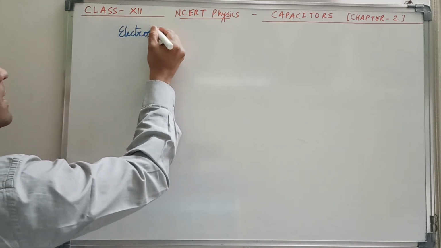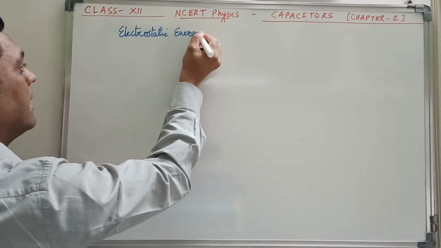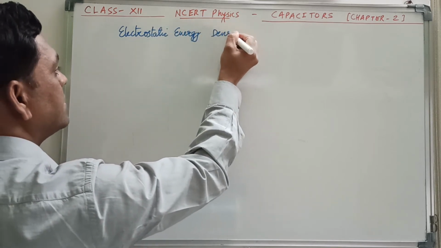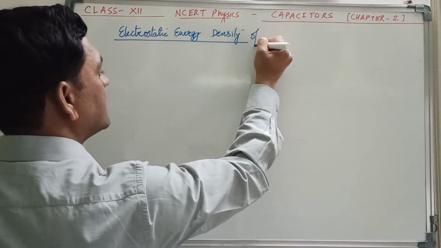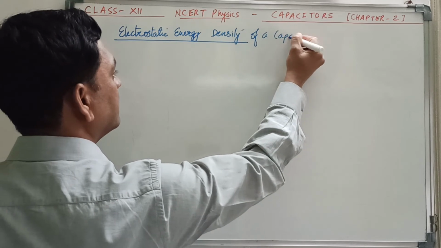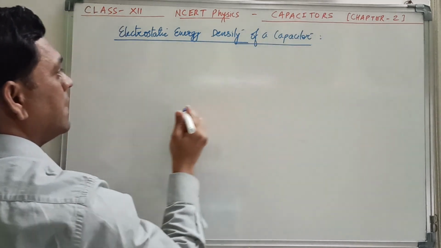Electrostatic energy density of a capacitor. And how can we do this?